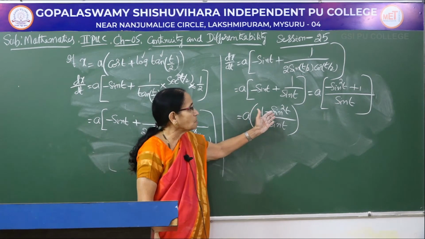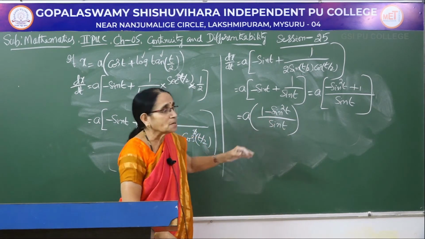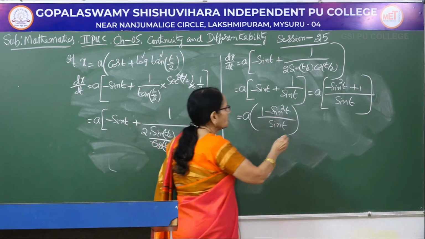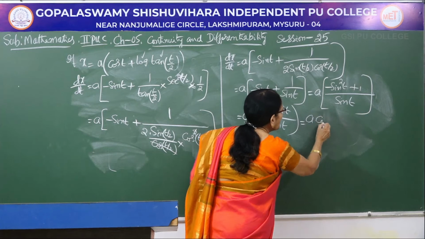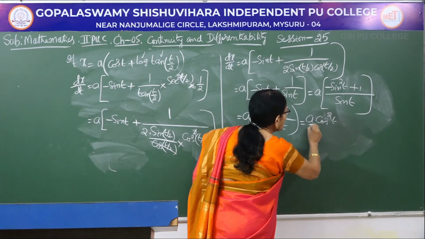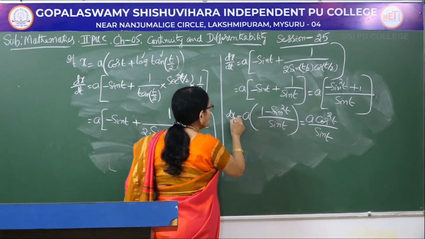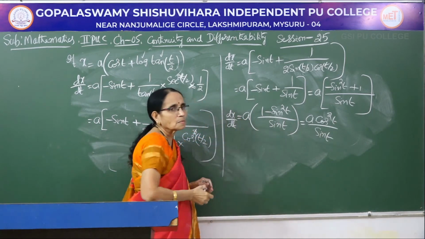See, I am going to the basic identity. 1 minus sin square theta is cos square theta. So, I can write it as a into cos square t divided by sin of t. Now, this is dx by dt.